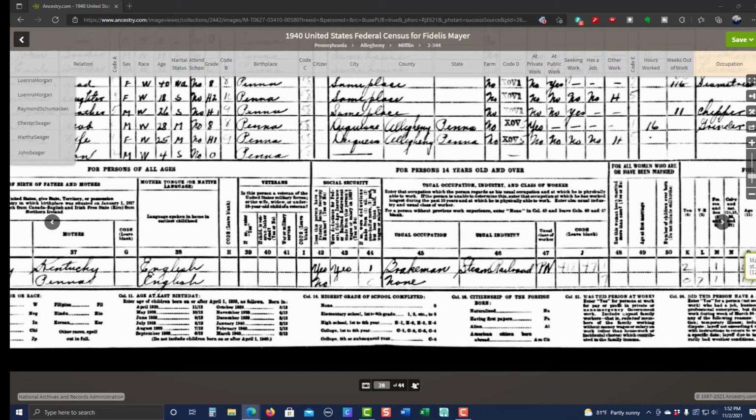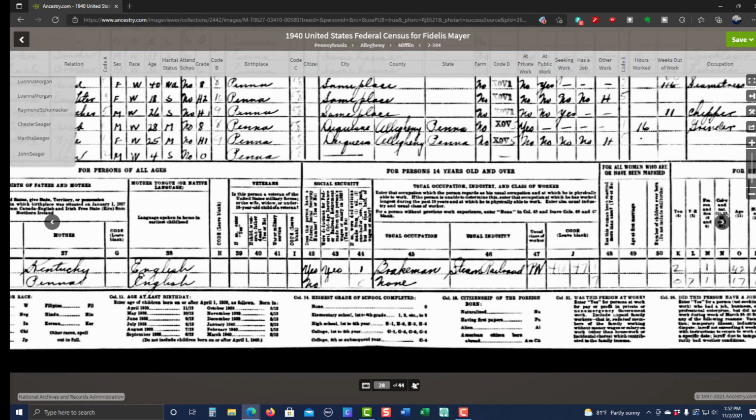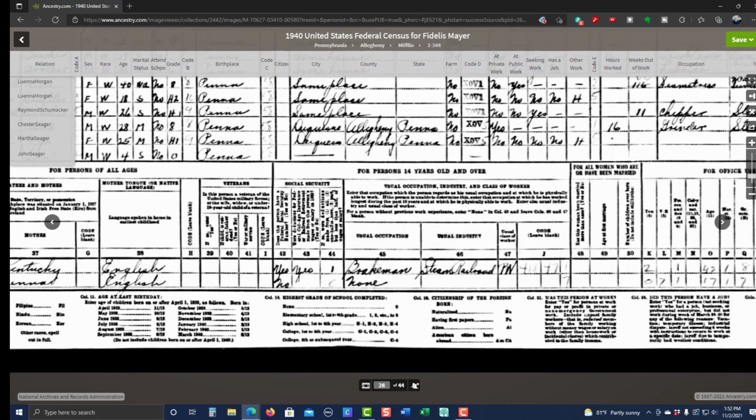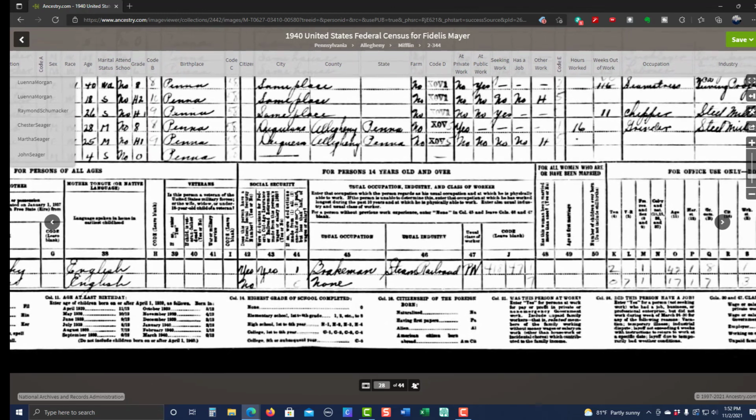Then they ask in column 41, still under the heading of veterans, they want to know which war they fought in or what military service they were in. And all of that is blank for these two people randomly chosen based on what line they happened to land on in this census form.